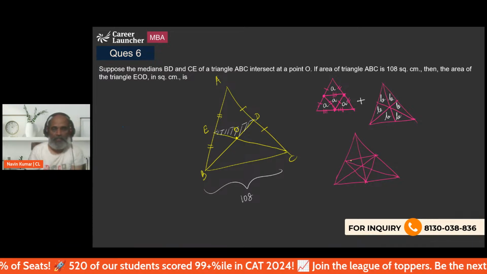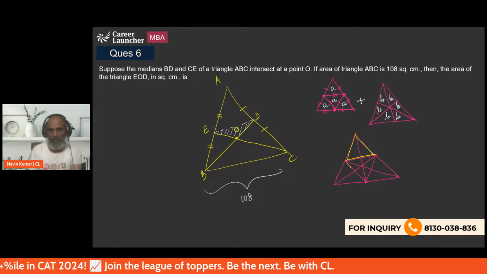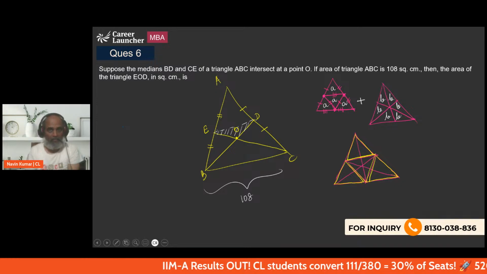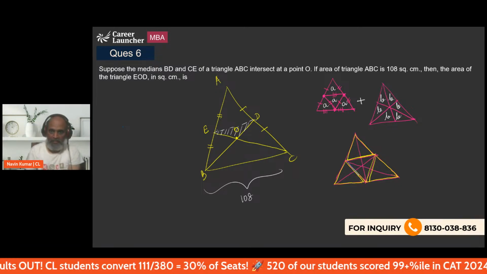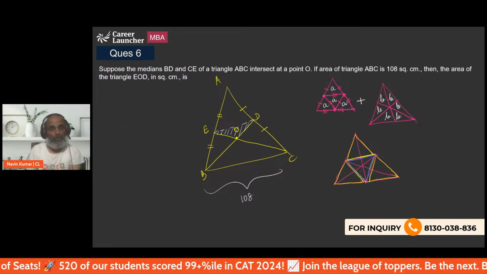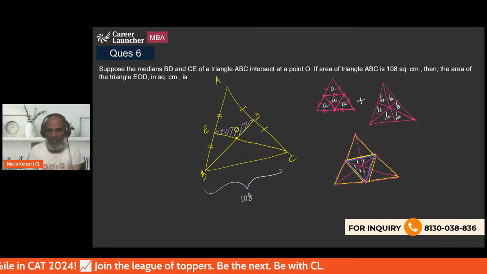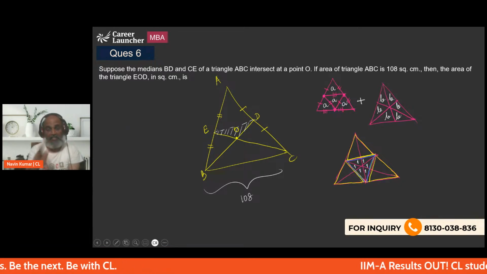Now pay attention. The area of this triangle, the area of this triangle, the area at this corner, this triangle, and the area at the center, they are going to have the same area, right? Now pay attention to the triangle at the center. The area of each of these small triangles is going to remain the same. Meaning, if I say that the area of each of these triangles is one, then the area of this central triangle is 6.